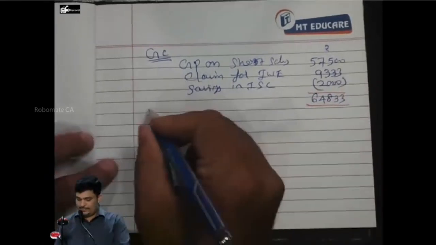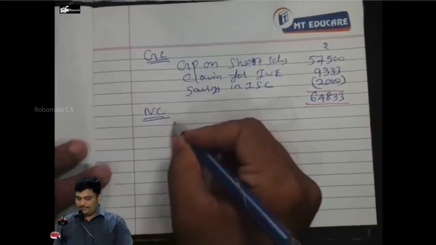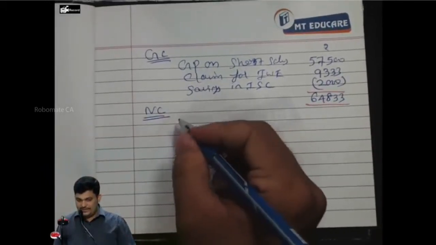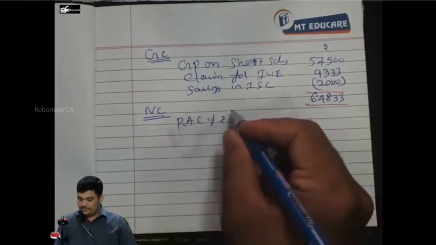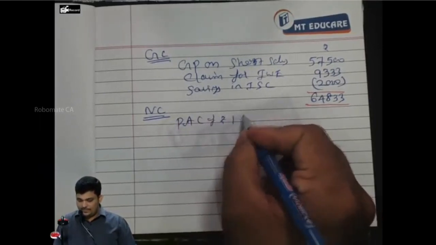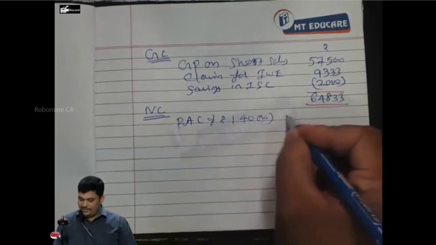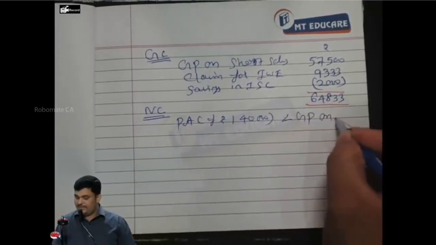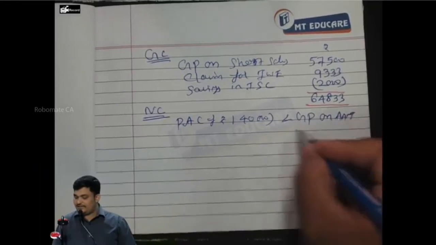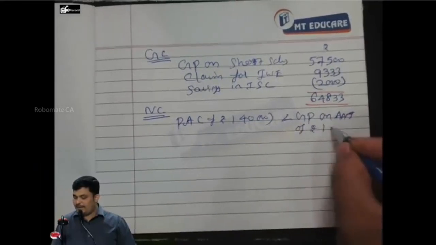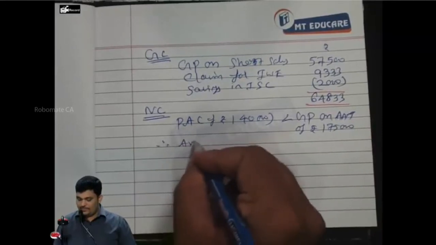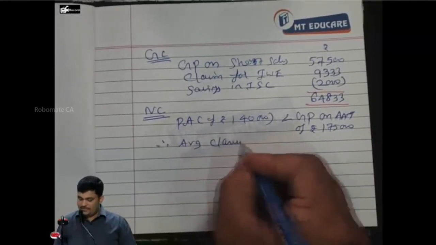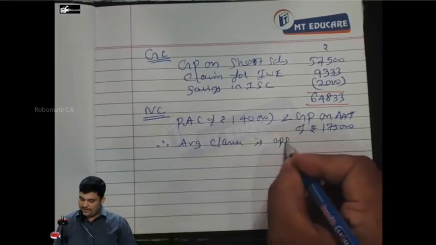64,833. Now, net claim. For net claim, it is policy amount of rupees 1,40,000, which is less than GP on AAT, 1 lakh 75,000. Therefore, average clause is applicable.